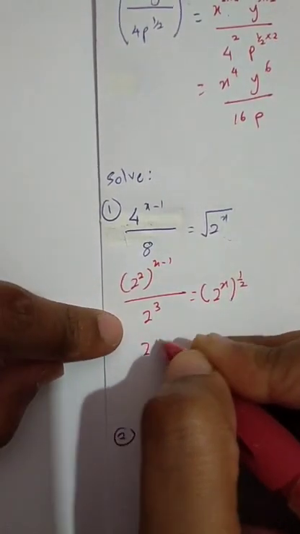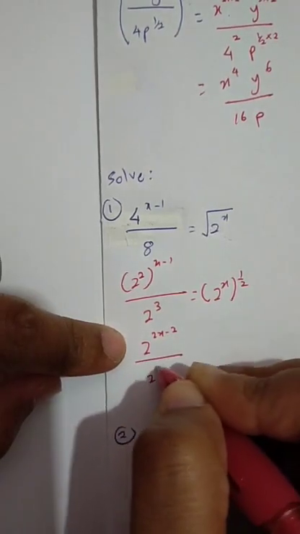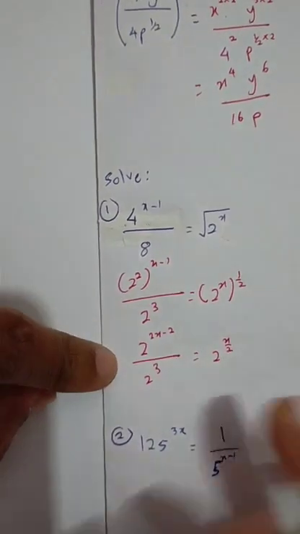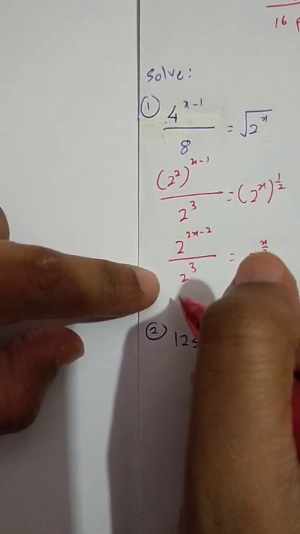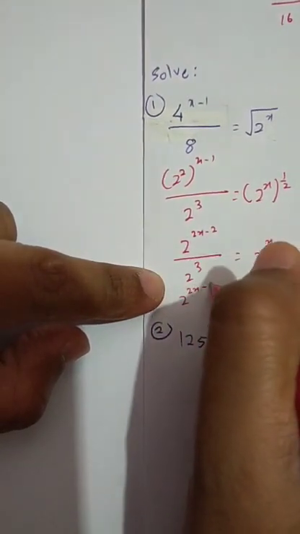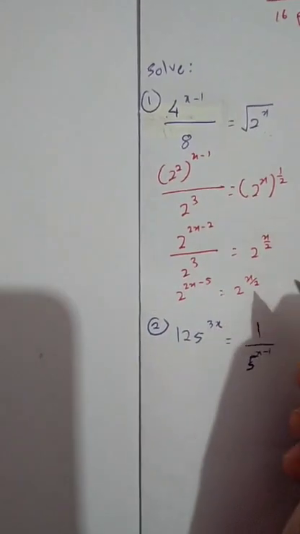So we have 2 power of 2x minus 2 over 2 power of 3 is equal to 2 power of x over 2. As I told you, if it is the same base, you can minus the power. So 2 power of 2x minus 2 minus 3, which is minus 5, is equal to 2 power of x over 2.